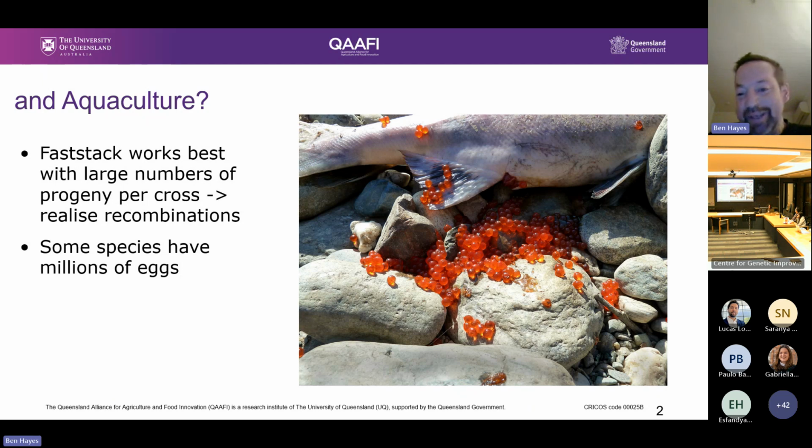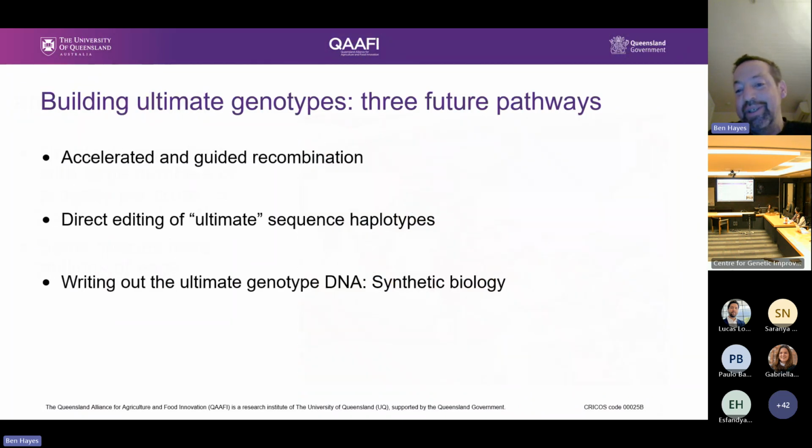Okay, at this point, I'm going to depart from reality a little bit and start really thinking about future technologies to build our ultimate genotype more quickly. The real constraint to doing this at the moment is we just don't get enough recombination quickly enough to stack these ultimate genotypes in any reasonable amount of time.